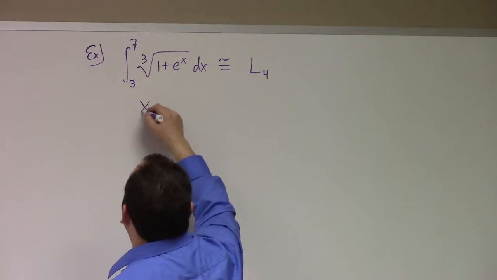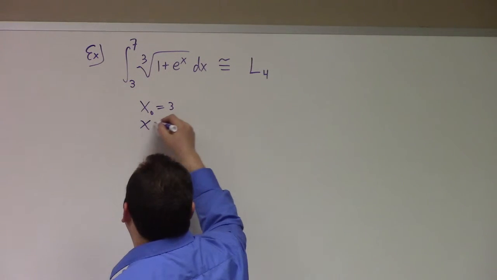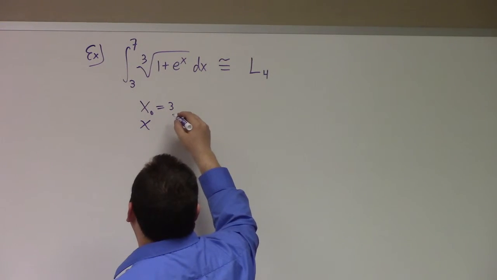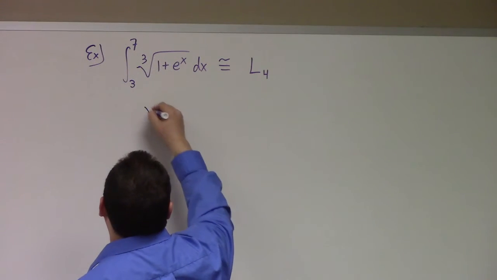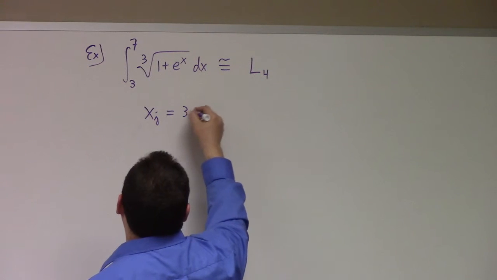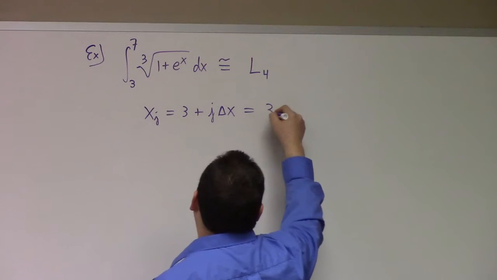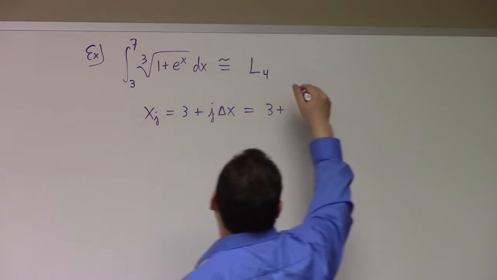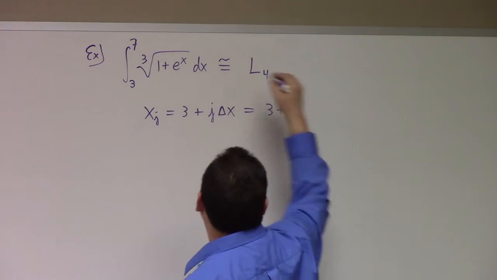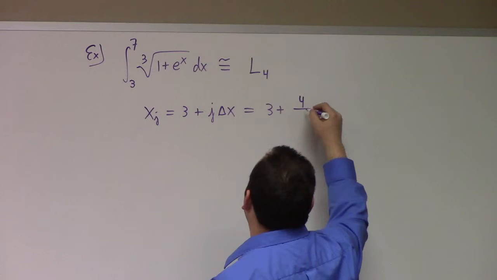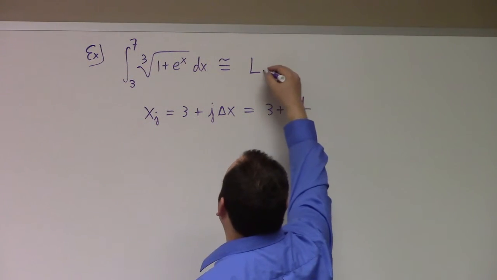So what do we have? We have x naught equals 3, and then if that's the case, what's x sub j equal to? It's equal to 3 plus j times delta x. What's delta x equal to? 7 minus 3, which is 4, divided by, forget about the 4 here, let's do it for n, just to set up.